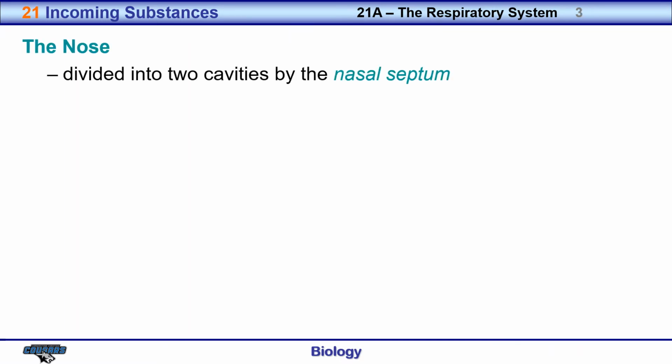Now, the nose itself refers to not only the part of your face that you see, the external nose, but it also refers to your nasal cavity. And the nasal cavity is divided into two parts, a right and a left side, by the nasal septum.